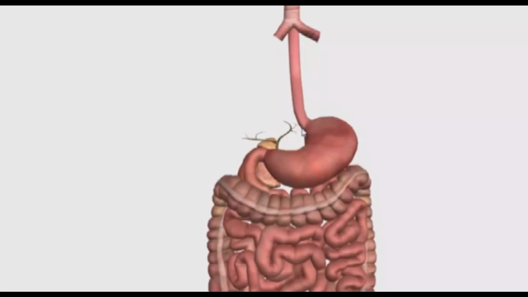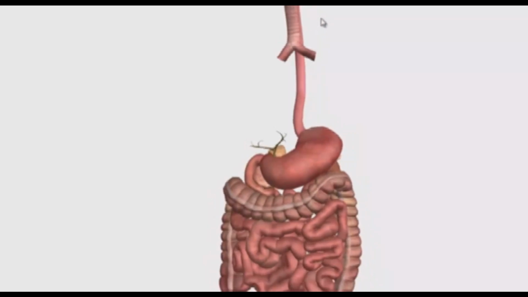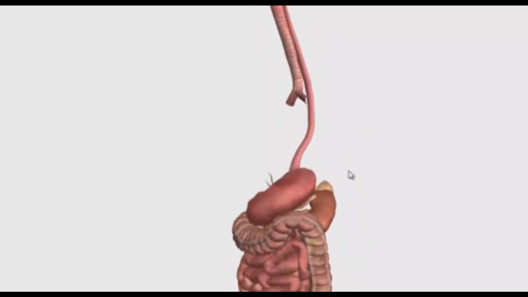So a sphincter relaxes to open and it contracts to close. So you've got the lower esophageal sphincter or cardiac sphincter at the junction between the esophagus and the stomach, and the sphincter is formed by circular muscle within the walls of the esophagus. And you've also got an upper esophageal sphincter at the other end of the esophagus.